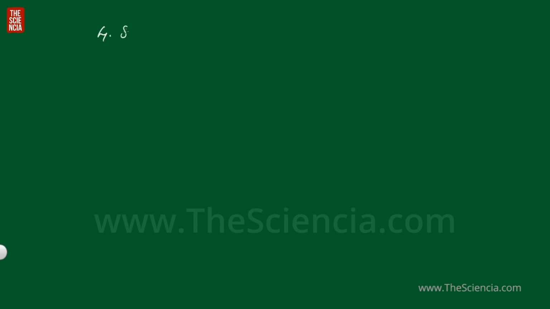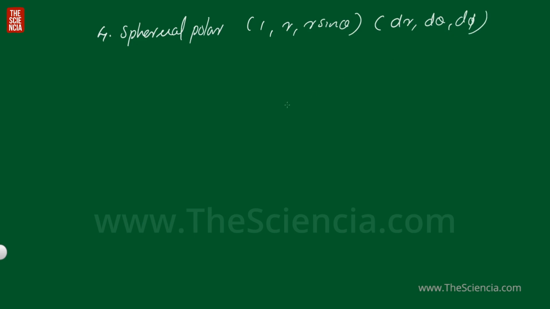Fourth one is the spherical polar coordinate system, and the metric elements are 1, r, r sin theta, and the coordinates are dr, d theta, d phi. Then what will be the length elements?